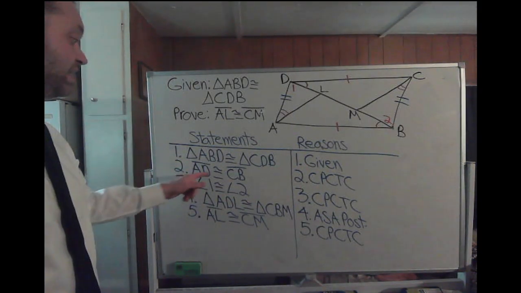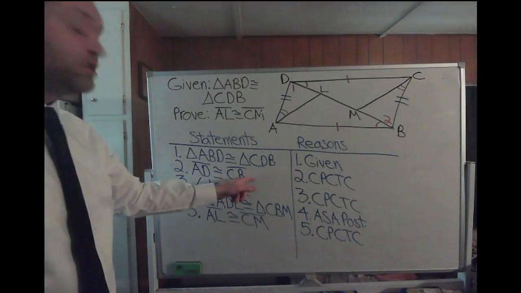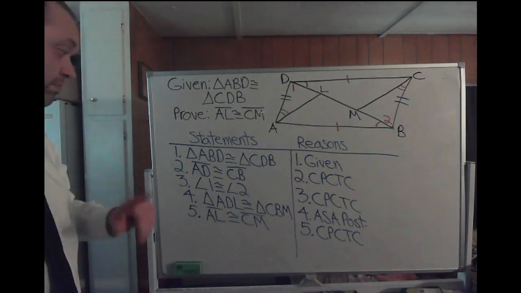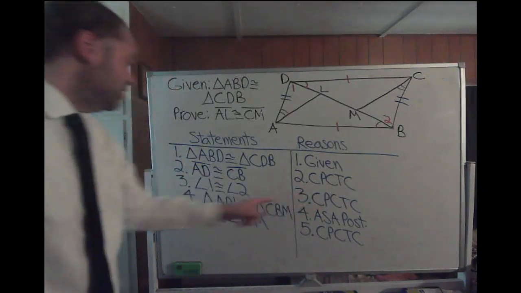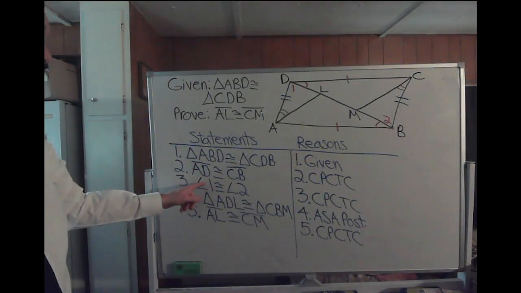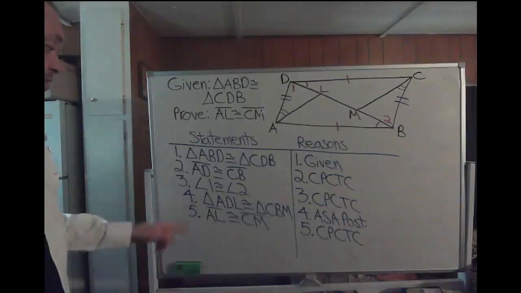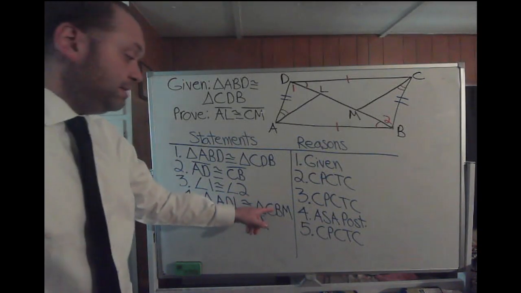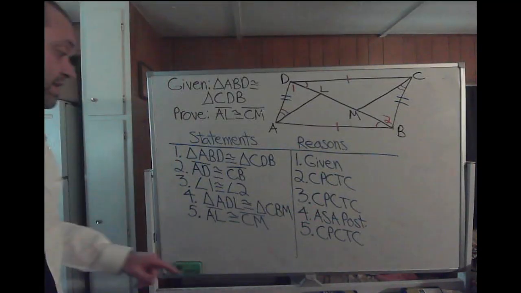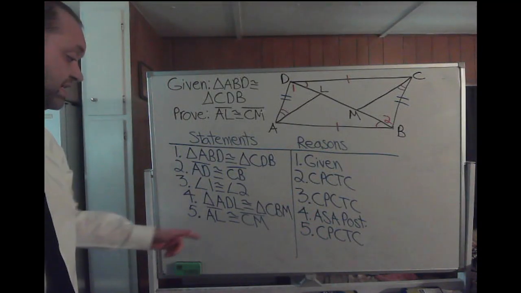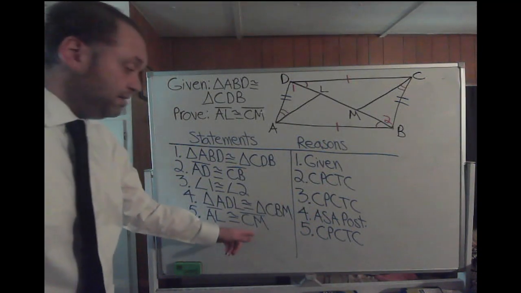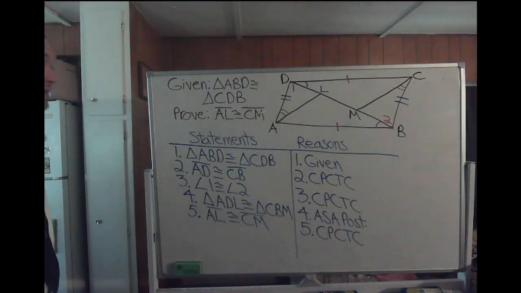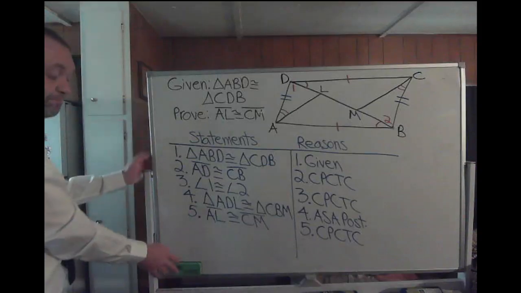From there, that allows us to conclude that AD is congruent to CB by CPCTC. By that same reason, we can also conclude that angle 1 is congruent to angle 2, which now enables us to conclude that triangle ADL is congruent to triangle CBM by the angle side angle postulate, which then last but not least gives us that AL is congruent to CM by corresponding parts of congruent triangles are congruent. So that's how we got from here to here.